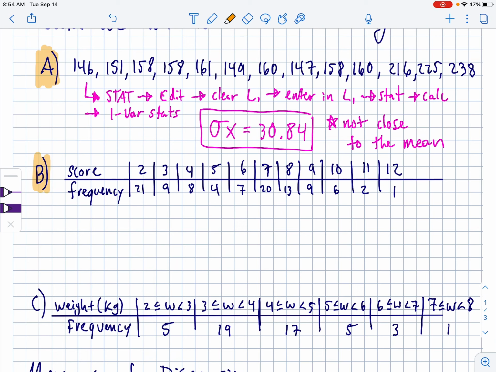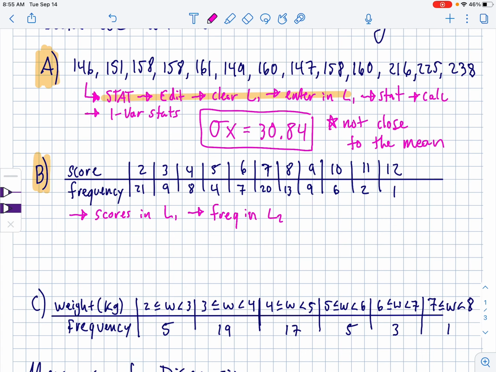Now we are going to find the standard deviation for part B. You're going to do the same steps as before: stat, edit, clear the list, and then enter scores in L1 and frequency in L2.